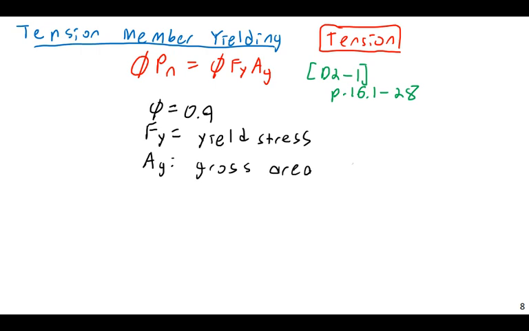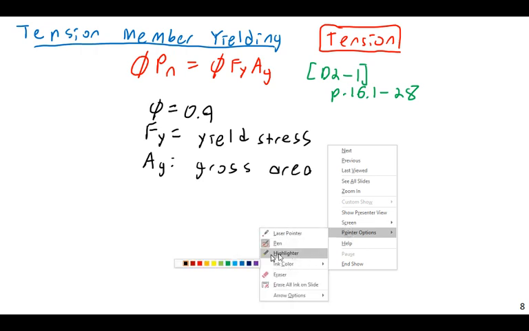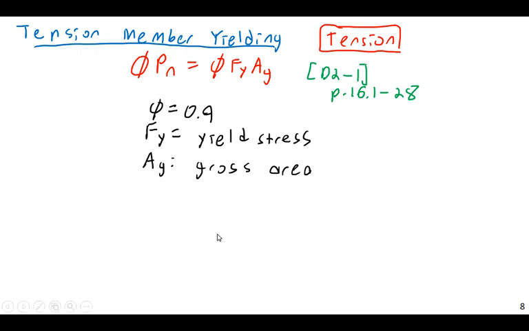So the question that's raised is, where do you get this Fy? Where do you find the yield stress? Well, have no fear, the steel manual is here. There's another place in the steel manual where you can find your yield stress. Welcome to the steel manual.